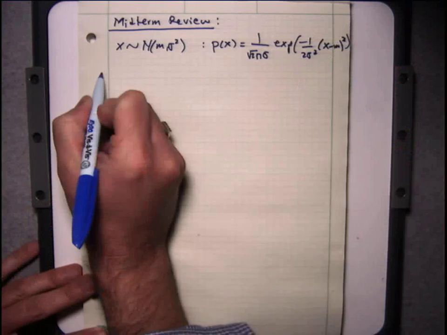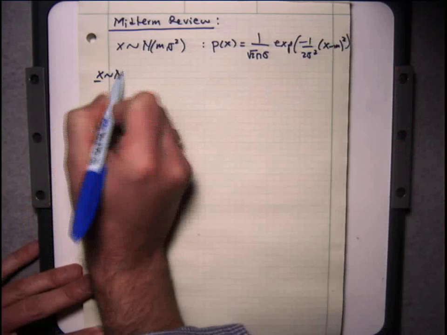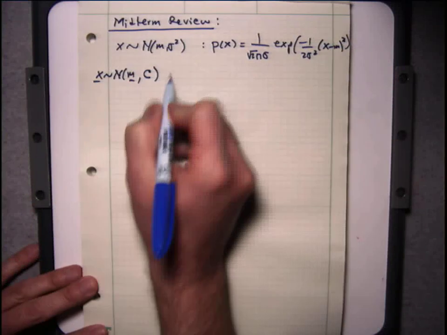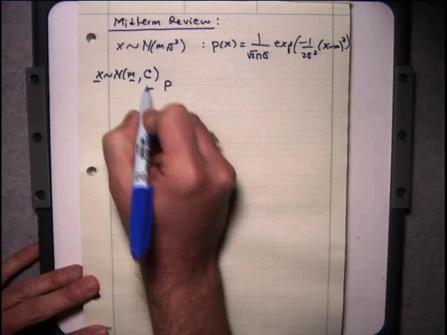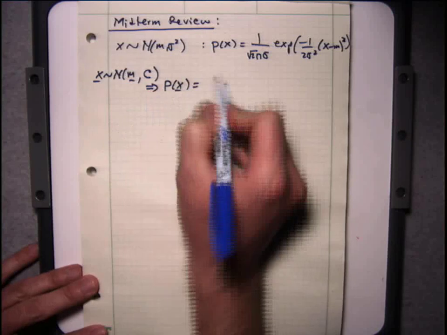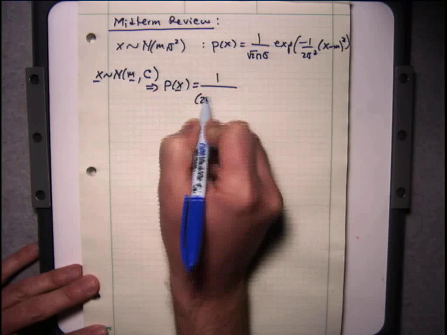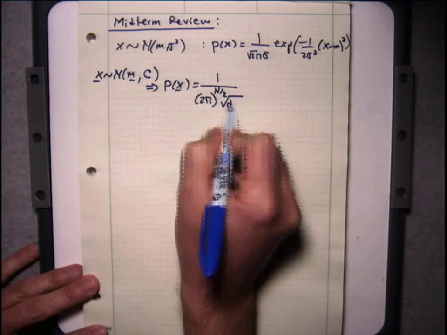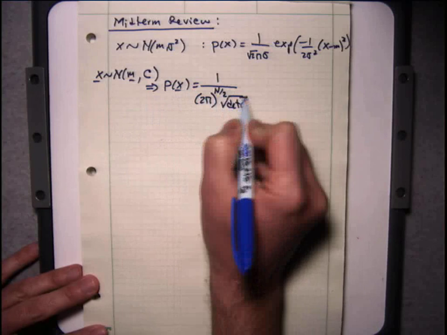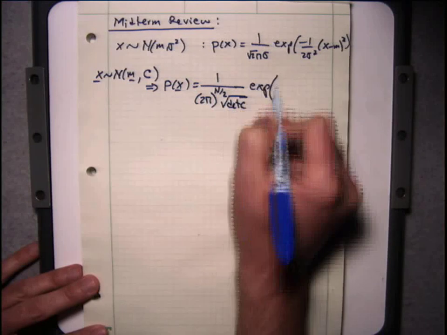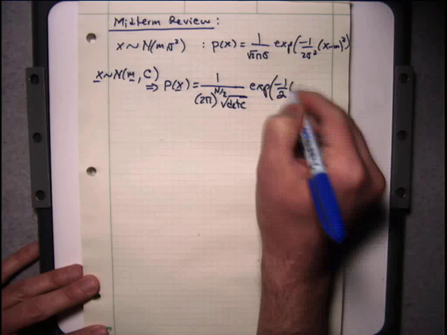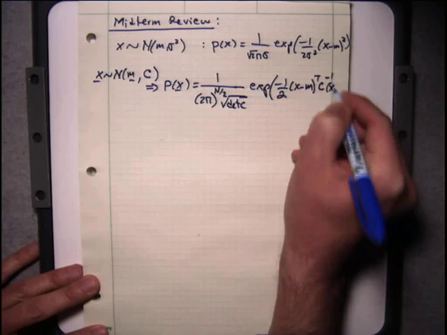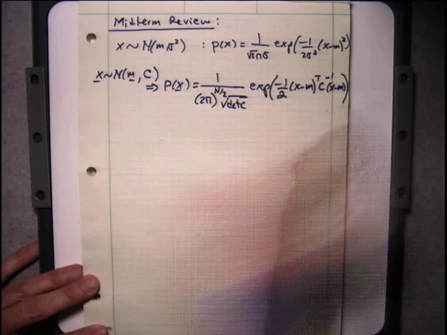Now if you have a vector, the mean is also going to be a vector, and then you're going to have a covariance matrix, and in that case the PDF is 1 over (2 pi) to the n over 2 times the square root of the determinant of C, times the exponential of minus 1/2 (x minus m) transpose C inverse (x minus m). Okay?